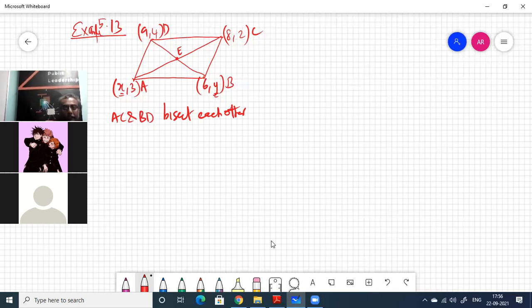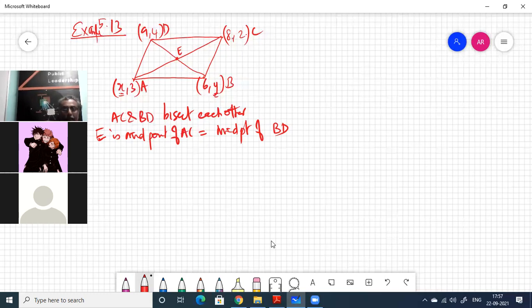So this point E is the midpoint of AC, which is equal to the midpoint of BD. Both are same. If you take the midpoint of AC, let us say A is x comma 3 and C is 8 comma 2.